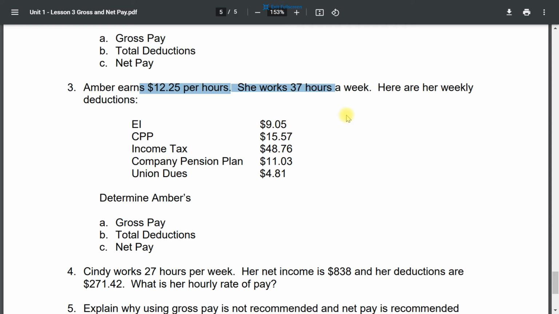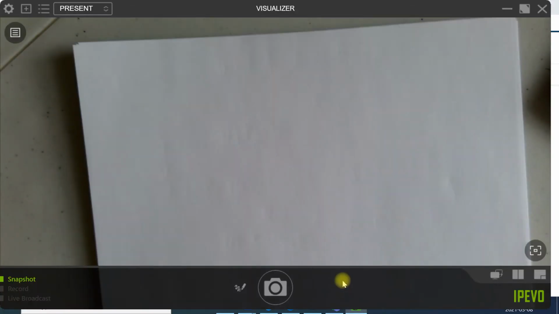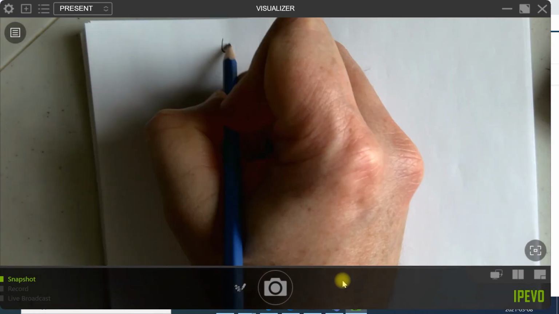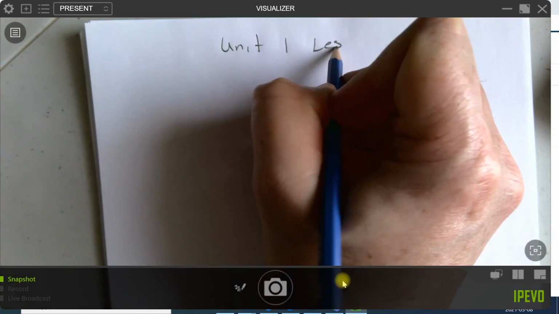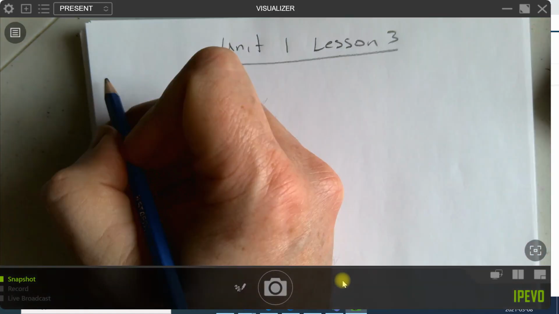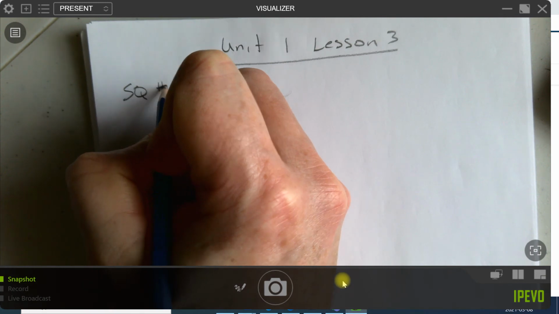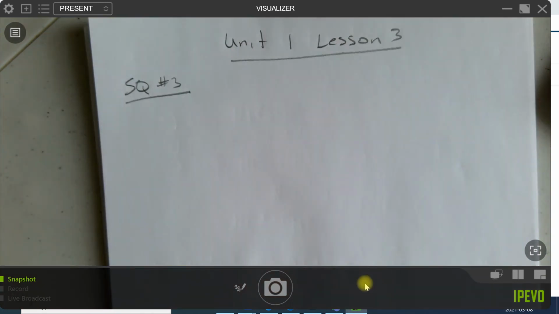So let's switch back to my other screen here, and again we're doing Unit 1, Lesson 3, and we're doing support question number 3. So what do we have to find in this case? Let's switch back and see here.